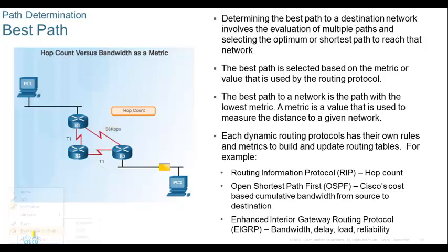In that case, you can use OSPF as a protocol, because OSPF will look into the bandwidth. Here it is 1500 kbps. T1 means 1500 kb. So bandwidth is really very big here. Even though the number of hops is more, the time taken to go through this path will be less.